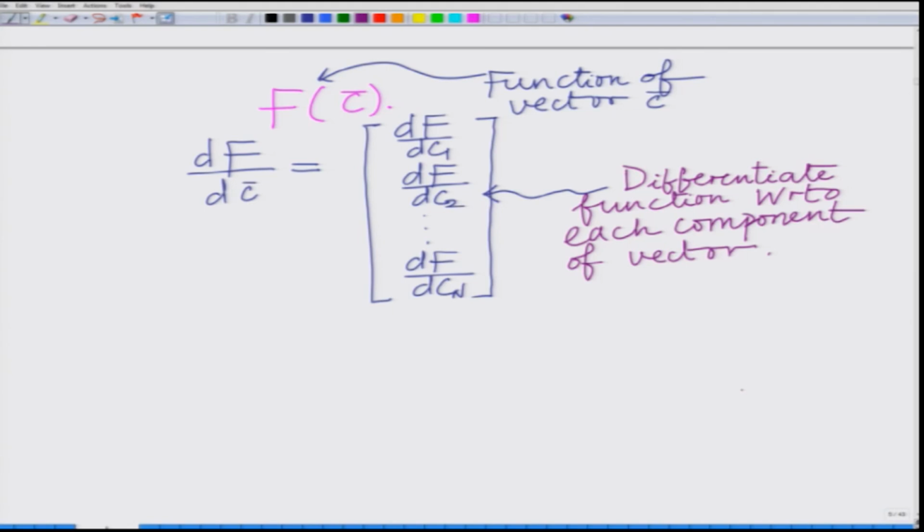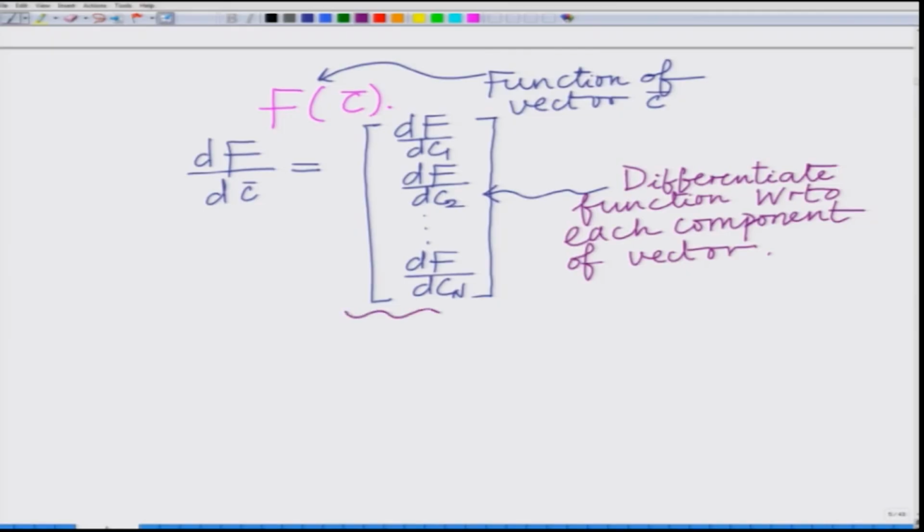That is, if we have a function f of C bar, I have to differentiate this function with respect to each component of this vector C bar. So, if C bar is an n dimensional vector, I will get n components.